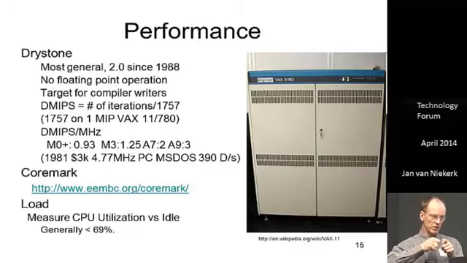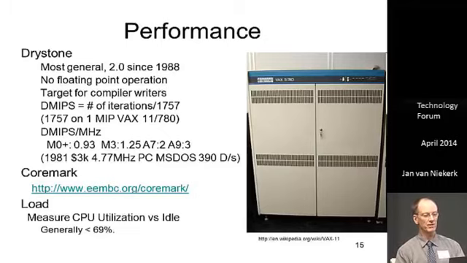So they're just making the pipeline longer and executing more things in parallel. Between the very simple Cortex-M0, which is about 10,000 gates when you implement it, and the A9, which is 100,000 gates, there's a 1 to 3 performance difference. So 10 times more silicon, but 3 times more performance.